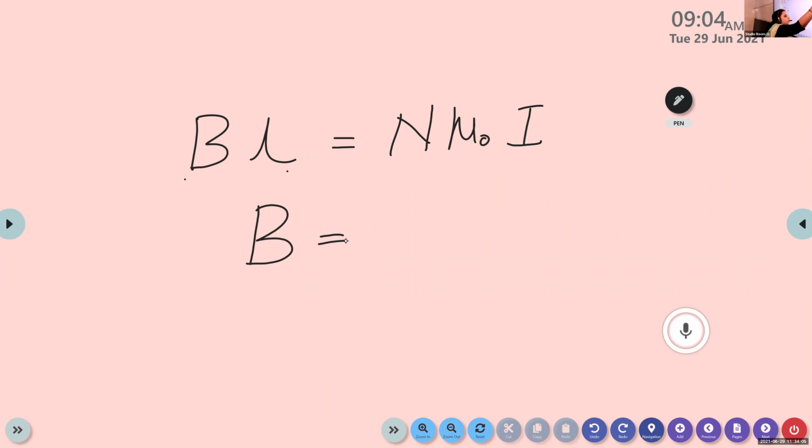Vidur, can you form an equation for magnetic field B? N mu 0 I divided by L. So here the magnetic field B is equal to N mu 0 I divided by L.